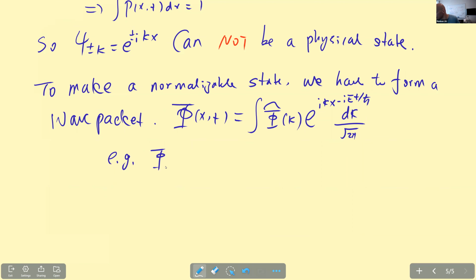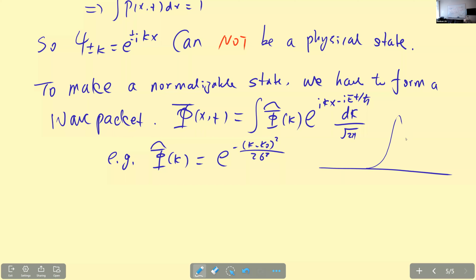For example, you can have this φ(k) equal to e to the minus (k minus k0) squared over 2 sigma squared. So this just gives us a wave packet centered at k0, and this is the distribution of this k, with a width given by roughly 2 sigma. So that this will give us a Gaussian wave packet.